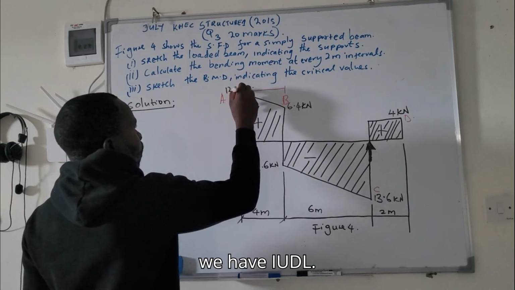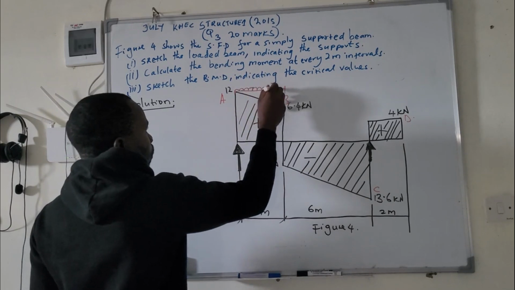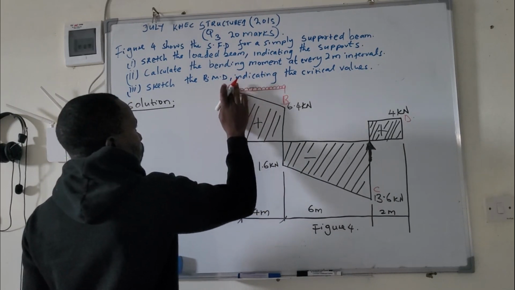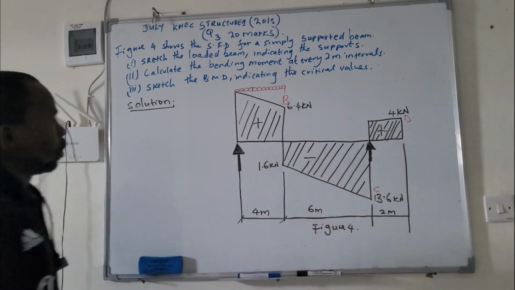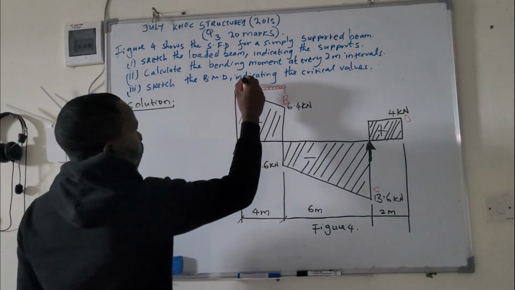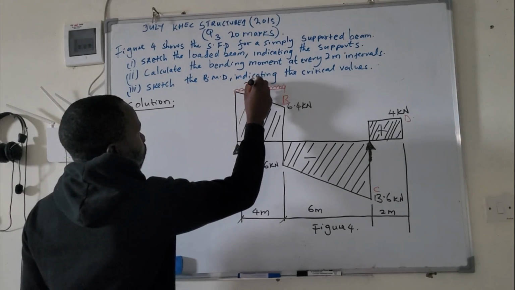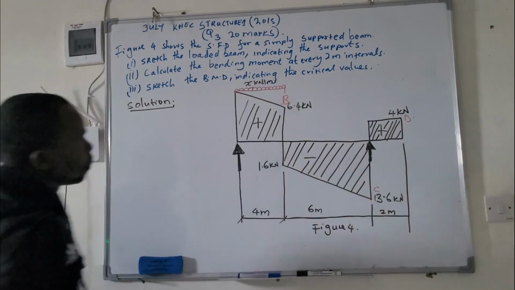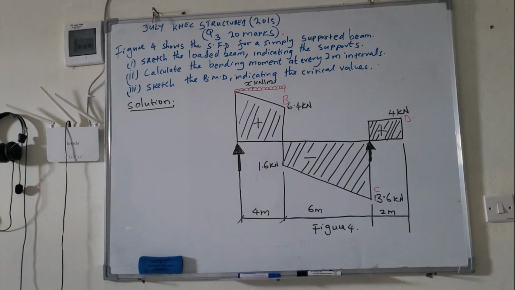we have a UDL, let's say X kilonewton per meter.